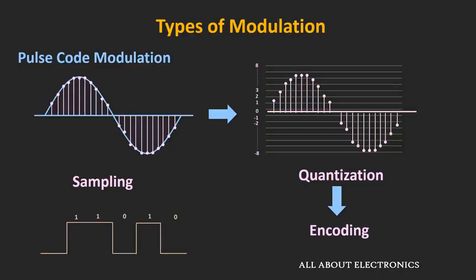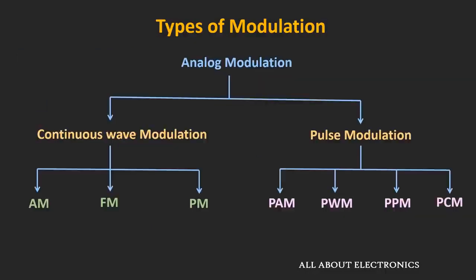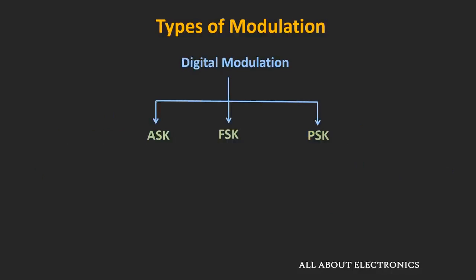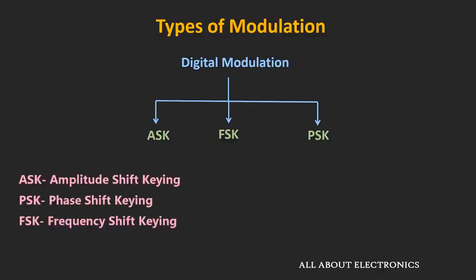Alright, so far we have seen the different types of analog modulation techniques, where the message signal was analog in nature. Similarly, let us briefly talk about some of the digital modulation techniques. In a very broad sense, mainly there are three different techniques: amplitude shift keying, phase shift keying and frequency shift keying.